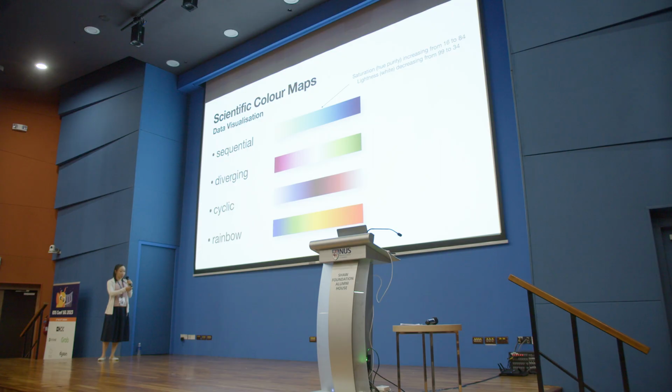So for example, just testing, yeah, the pointer works. The first map above is a sequential color map. This is a good color map to use if you have data that's increasing or decreasing, maybe around only positive or only negative values.